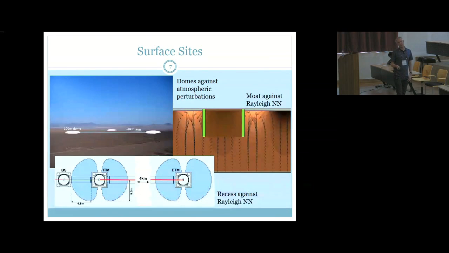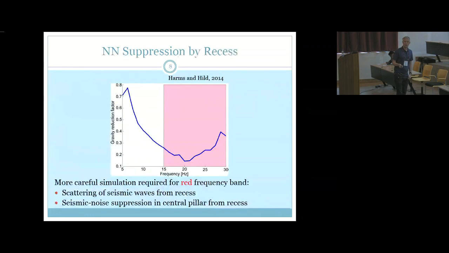That is feasible, something that you might consider, but obviously also quite a huge impact on the infrastructure. And there are many aspects not investigated. But what we can at least say, if you did have such a recess, then you could achieve a factor 4 or 5 suppression of Newtonian noise from these surface waves.